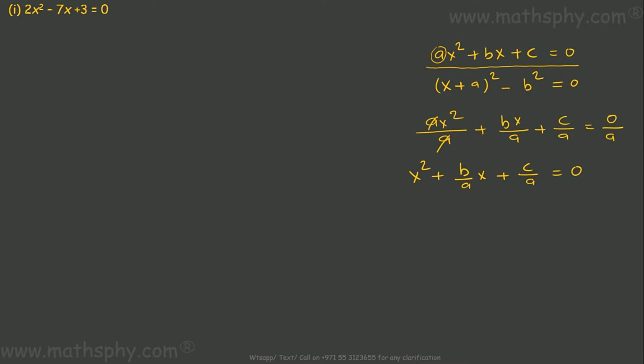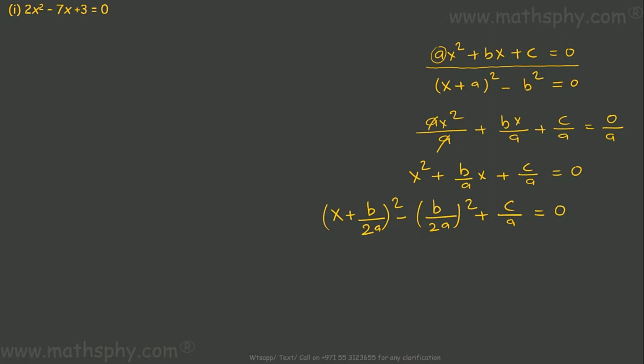No change. Now, if I write this equation in this format here, (x plus b over 2a) whole square minus (b over 2a) whole square plus c over a equals to 0.